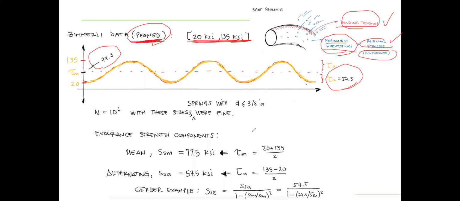Mean stress and alternating stress. If we use the Gerber's criteria, the SSE equals to this equation, we just plug these two numbers here and here. Okay.